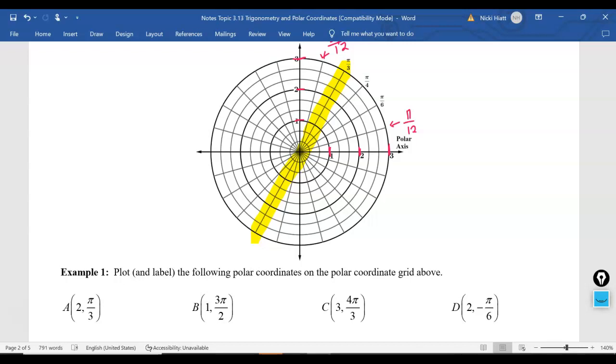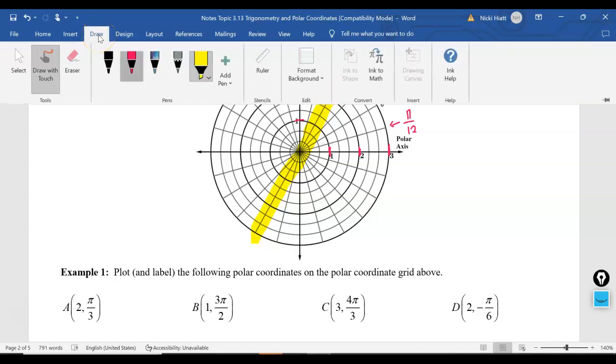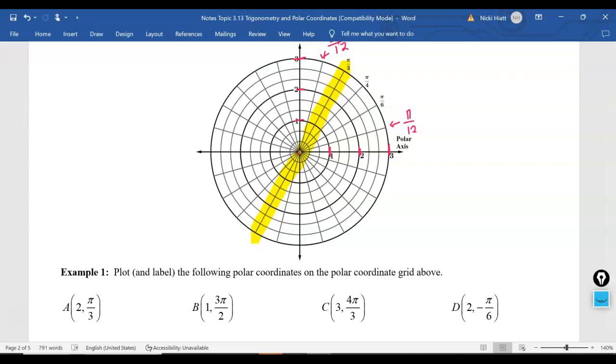Whenever we graph our point for A, we're going to start at what we would normally call the origin. I believe for polar coordinates, this point is not called your origin anymore. It's called the pole, or at least I think I've heard that.